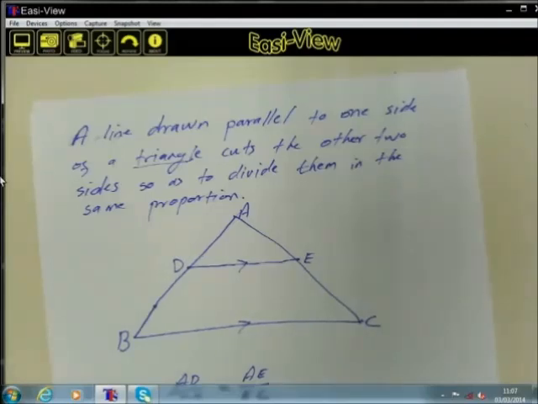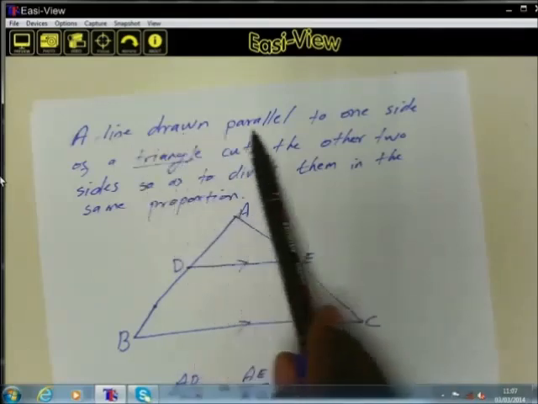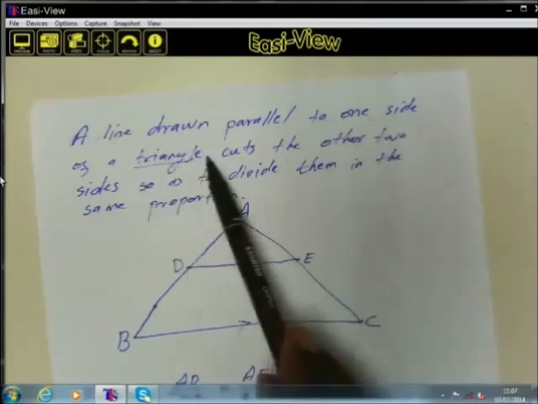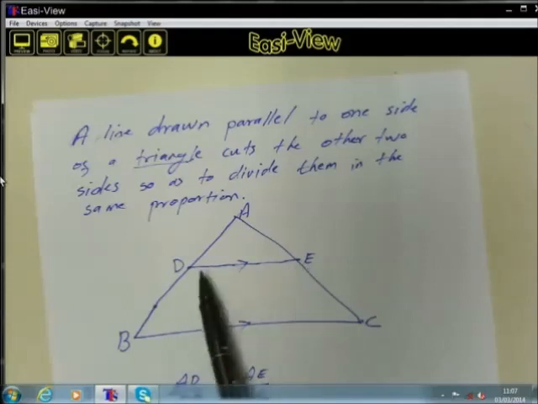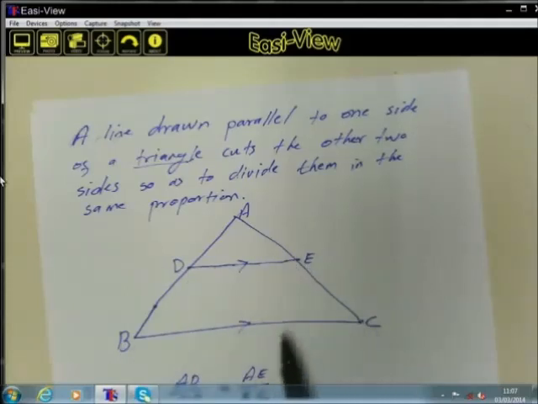Let me start again. A line drawn parallel to one side of a triangle. We said we've got triangle ABC, and the line that is drawn is line DE, such that DE is parallel to BC. So the theorem states that the line, which is parallel to one side of a triangle, will divide the other two sides in the same proportion.